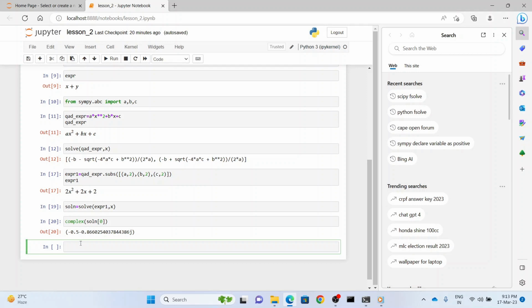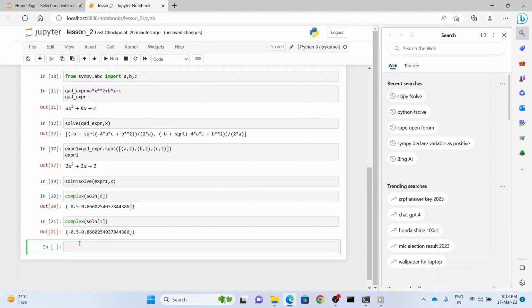If we want the second root, we have to write complex of soln one, and here we get the second root.